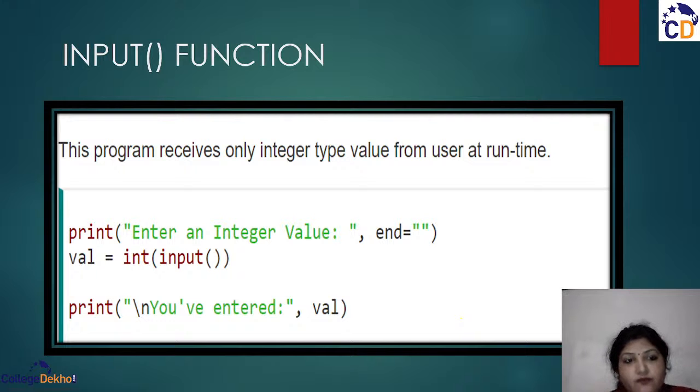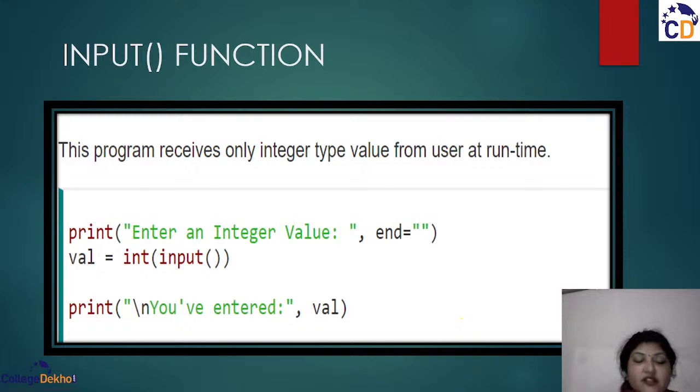Now we need to convert this string data type into an integer. So what we are going to do is, we need to type in front of that particular input function whatever type we want. Like if it is a float, then you need to write float. If it is an int, then you need to write int. So this is how you are going to write it, right?